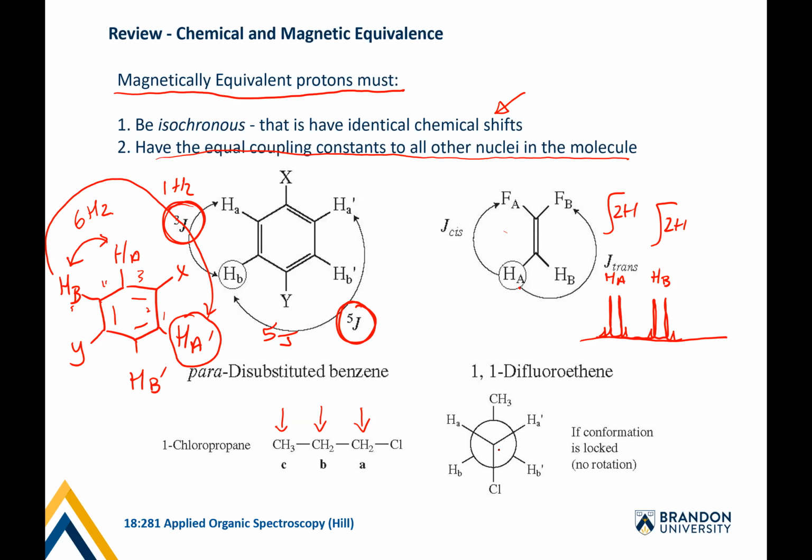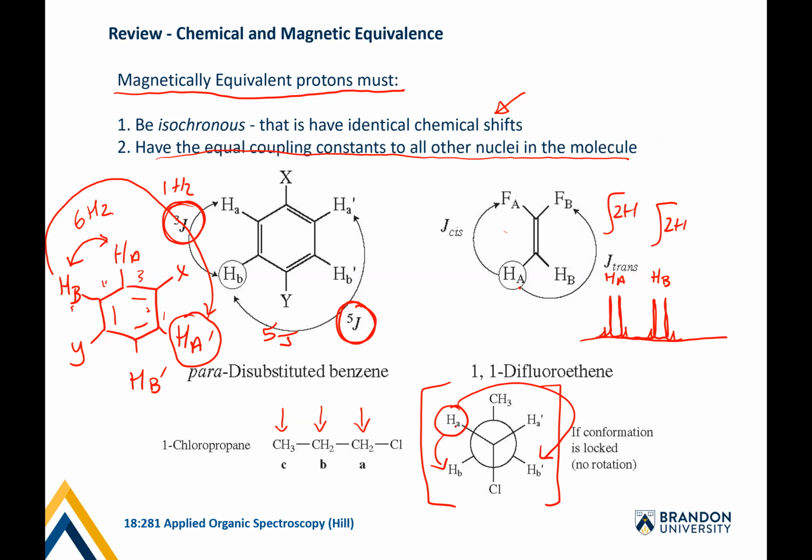Yeah, if we were to freeze this cyclopropane, just freeze it, so it couldn't rotate, then we would have problems, because HA would have a different coupling constant to HB and then HB primed. But when we're running our spectra at room temperature and all that sort of stuff, and there is free rotation, this isn't a problem.